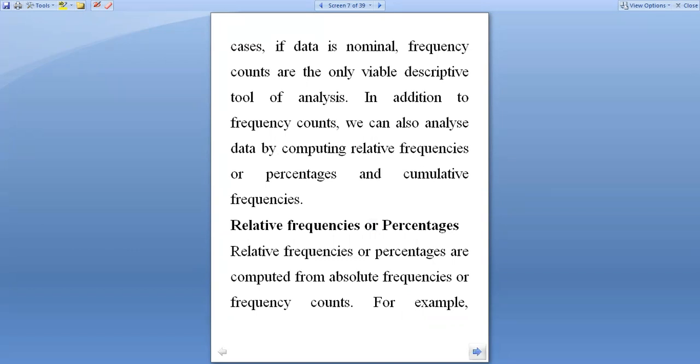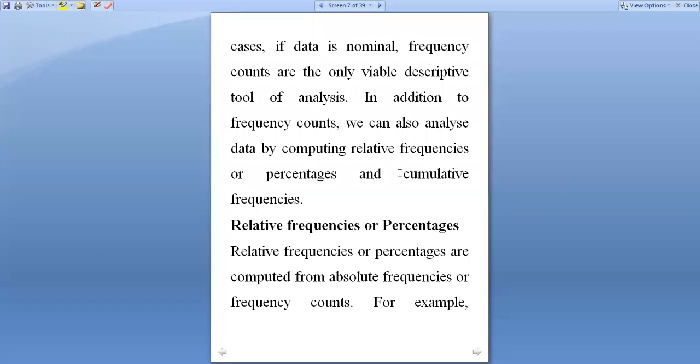In addition to frequency counts, we can also analyze data by computing relative frequencies or percentages. This one is telling you that we also use percentages when the data we have is categorical, and cumulative frequencies.